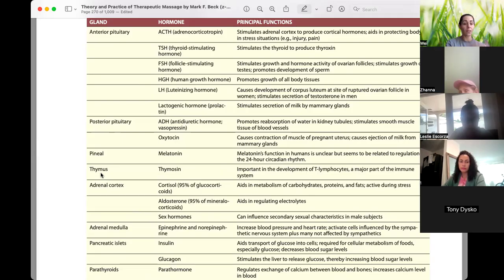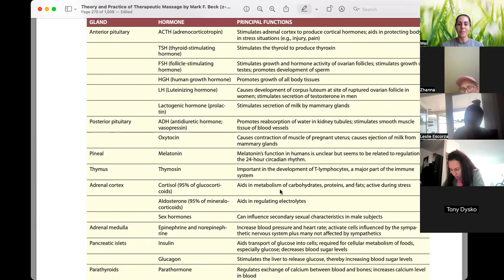Okay, let's write the next card, adrenal cortex. So first, location is on top of the kidneys, both kidneys. And there is a cortex, which is the outer layer of it, and there's a medulla, which is the center of the gland. Okay, each one does something different.